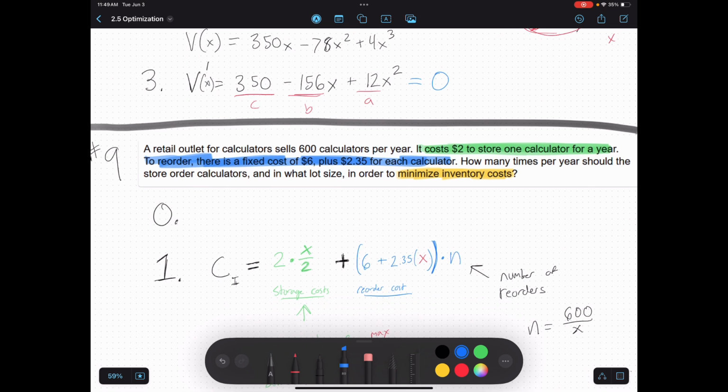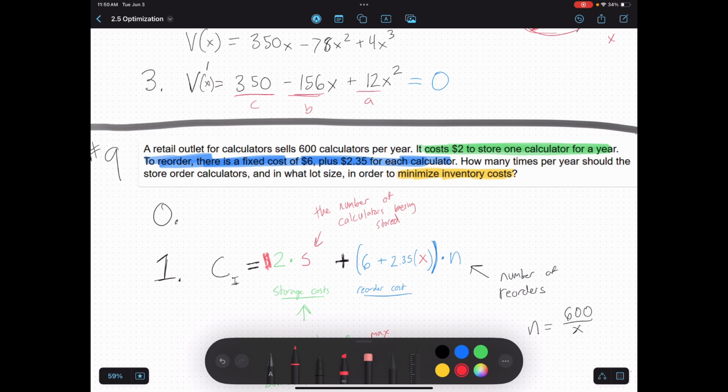Storage costs, it's $2 per calculator. And for now, I'm going to introduce a variable here, and S is going to represent the number of calculators we're storing. Now let's think about this. If you're storing calculators, but people are buying them consistently, it's hard to always be storing the same amount of calculators.